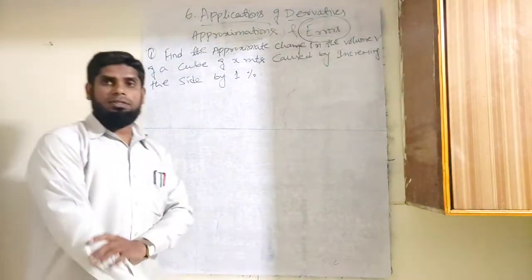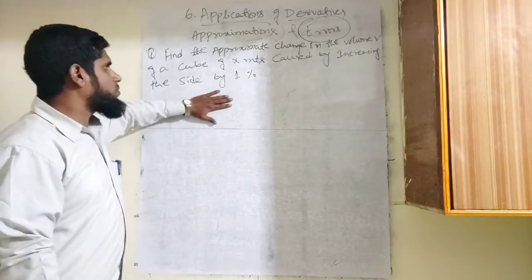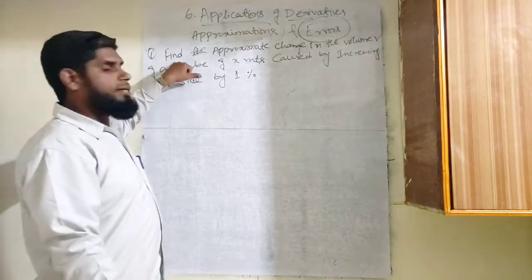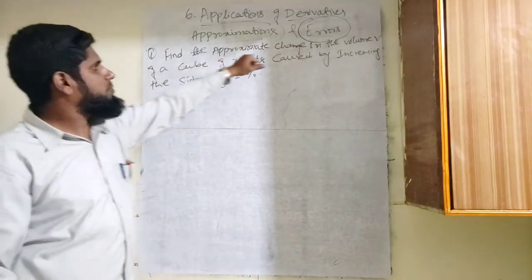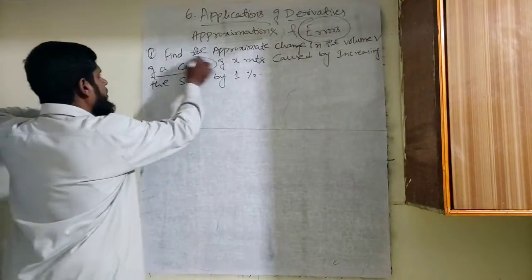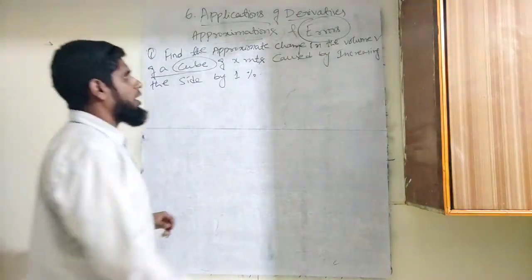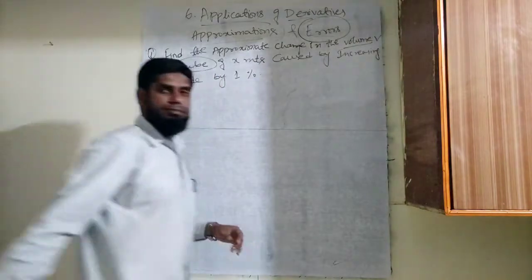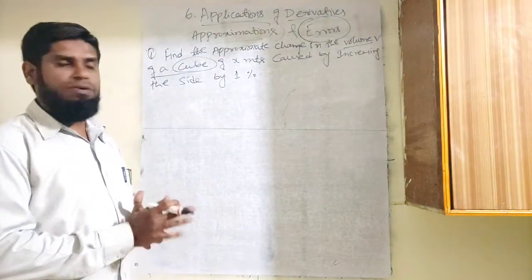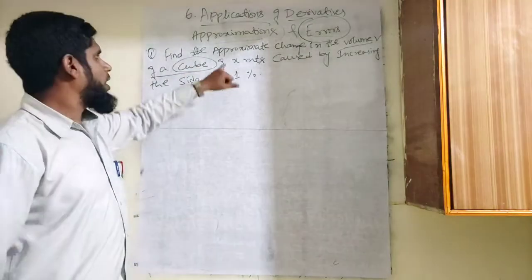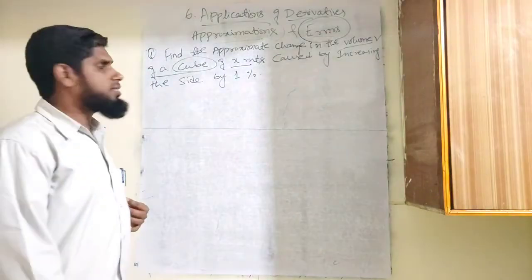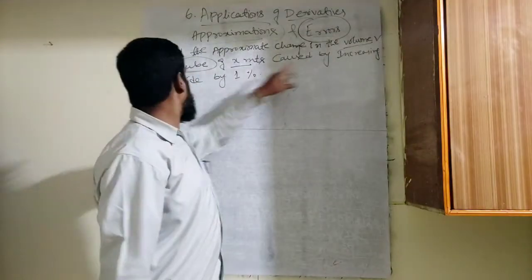So this problem is related to the rate of change of quantities concept, and I will read the problem. Find the approximate change in the volume of a cube. They mentioned a cube and its volume. We know in rate of change of quantities we studied the volume of a cube, with edges x meters, caused by increase in the side.